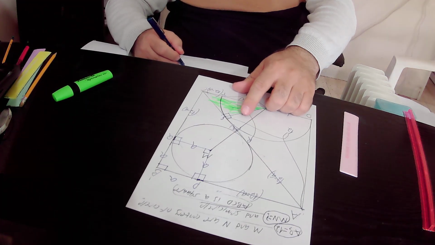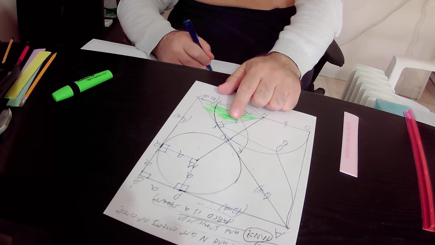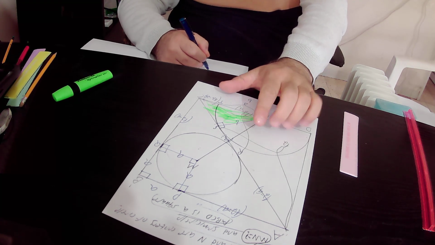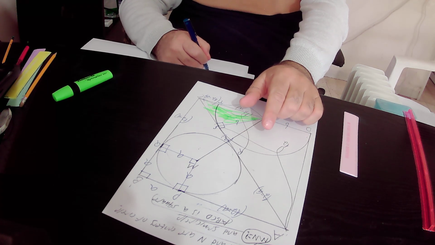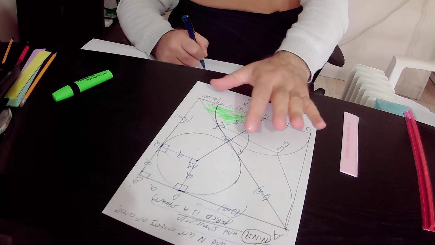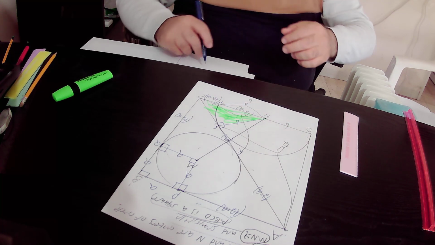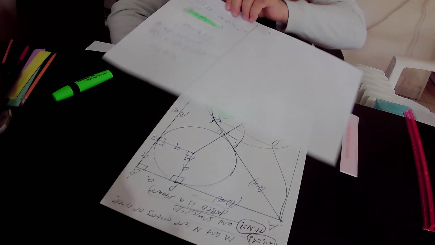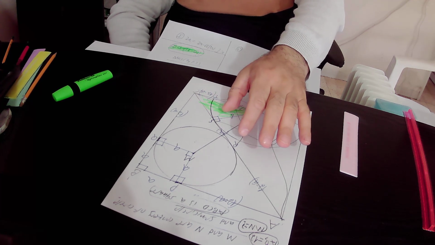What is the value of CS? It is very easy to see that CS, or SC, equals RC minus RS. Again, RC minus RS equals SC. I repeat again, SC equals RC minus RS.